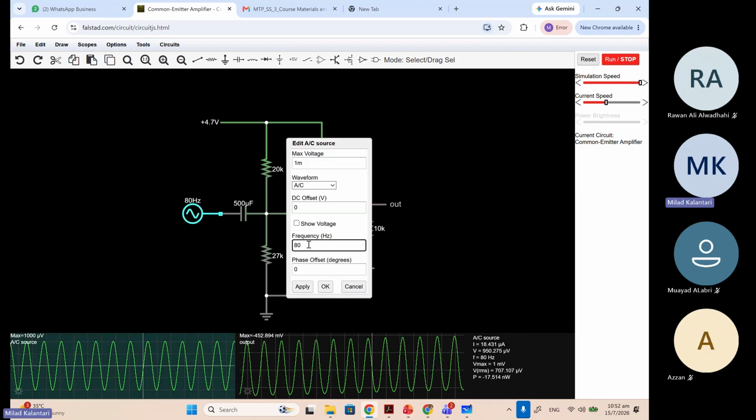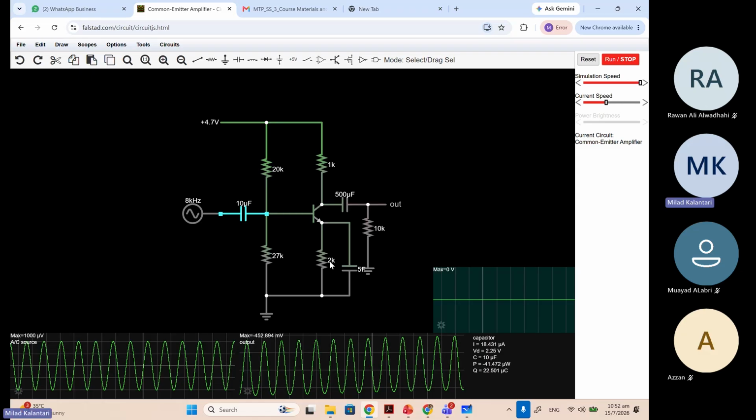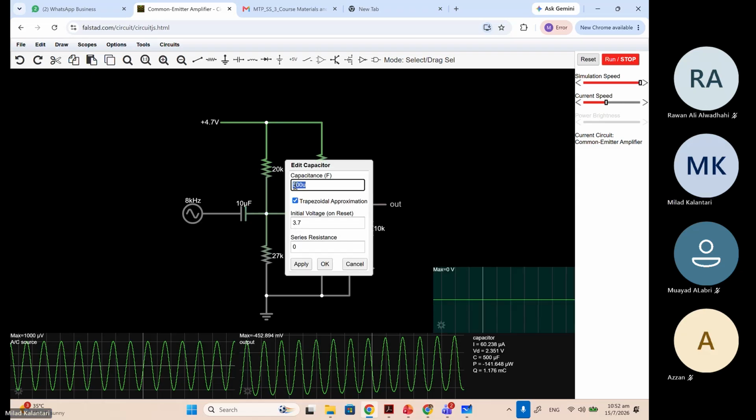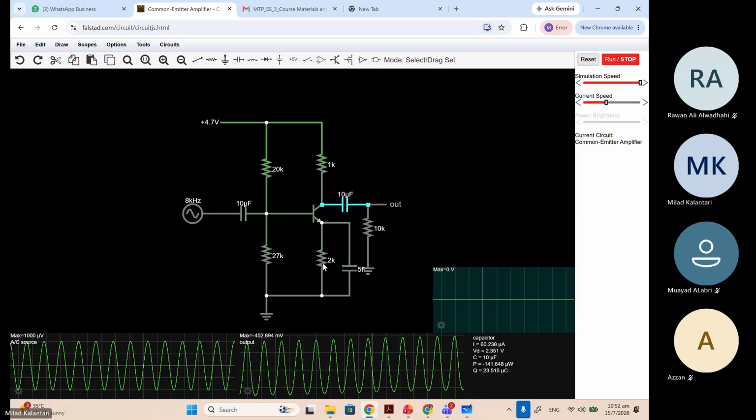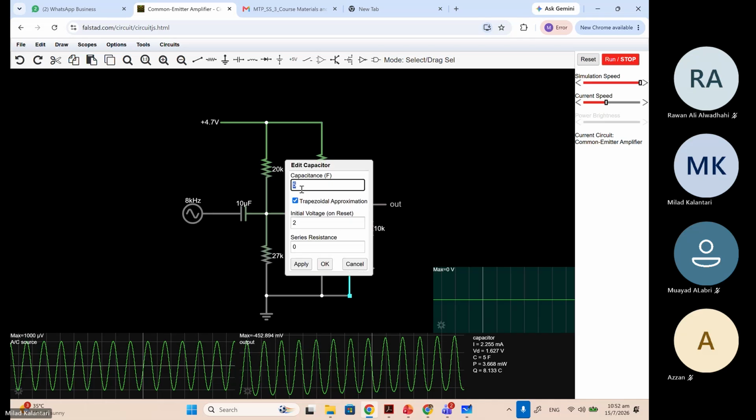So let's see if I can increase this frequency initially, like 8K, and then reduce this value to something more reasonable. And micro. Yes.